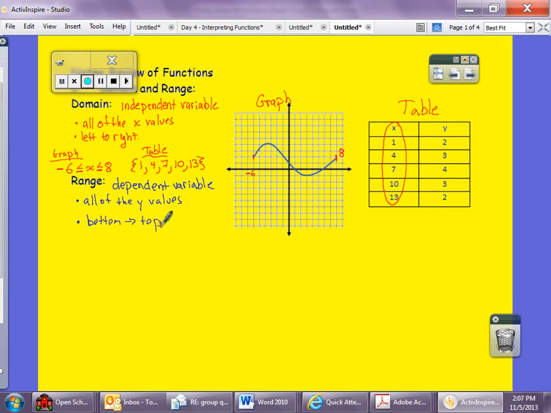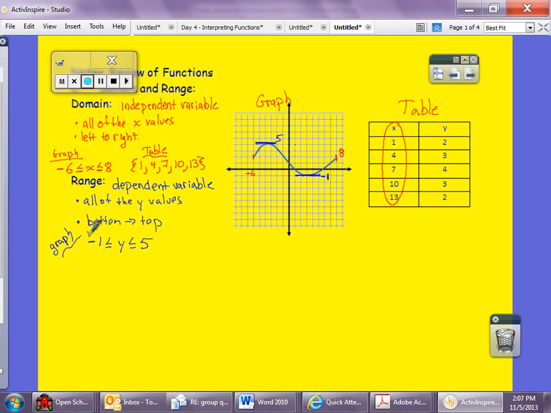So when we look at our graph, the bottom number is right here, and that number is -1. So the range is going from -1 to the top. The top is up here: 1, 2, 3, 4, 5. So that's 5. On our graph, the range is from -1 to 5.